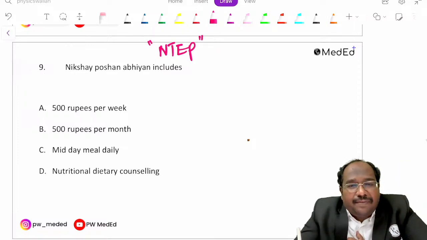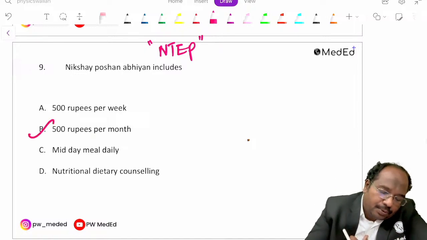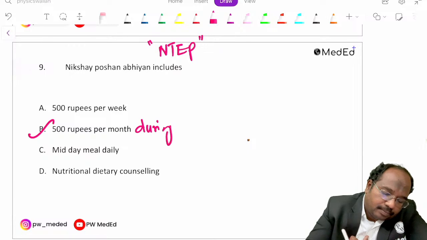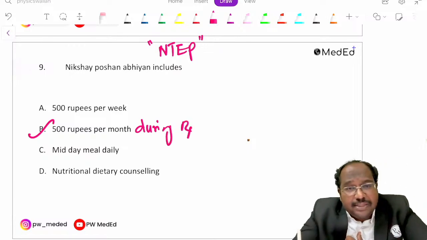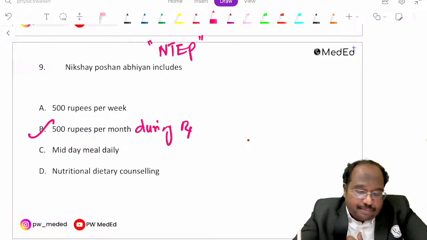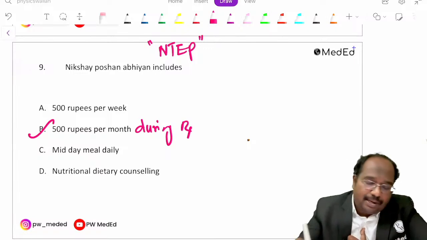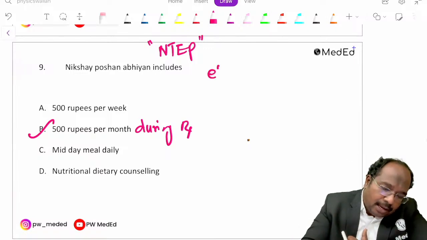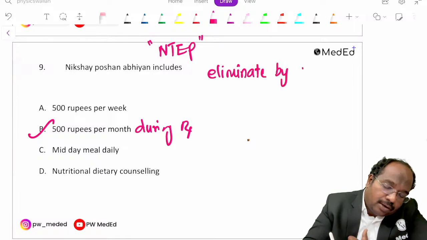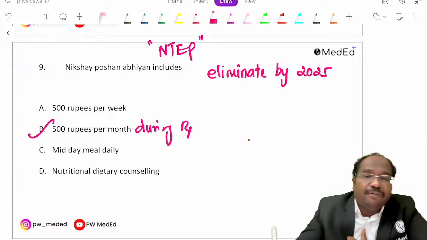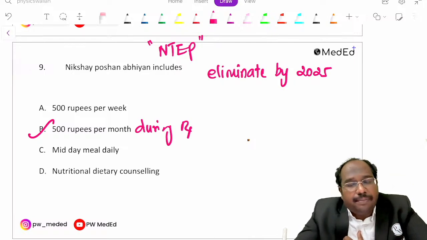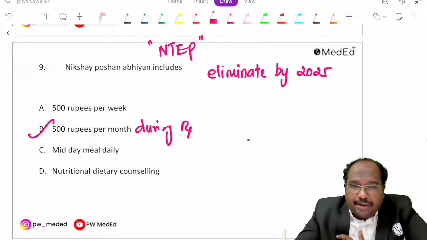In that we are giving a nutrition allowance of 500 rupees per month during treatment. NTEP, National TB Elimination Program. Our goal is to eliminate TB by 2025.